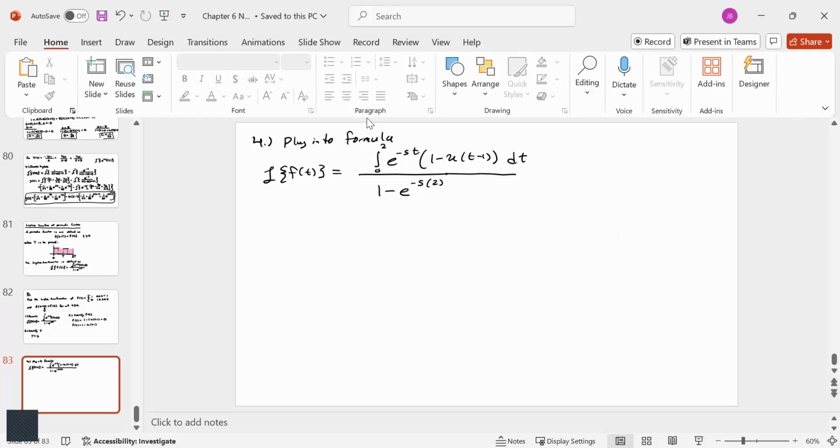And then we think to ourselves, well, we've never taken an integral with the step function before. How does that pan out? Well, we just have to think about what the step function really is.